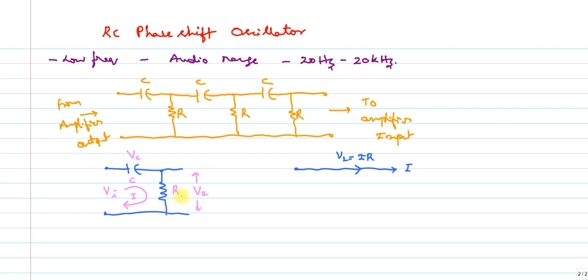The capacitor voltage is 90 degrees lagging the current, so Vc is equal to I into Xc. The resultant of Vc and V2 gives V1, and this is my angle phi, the power factor angle.